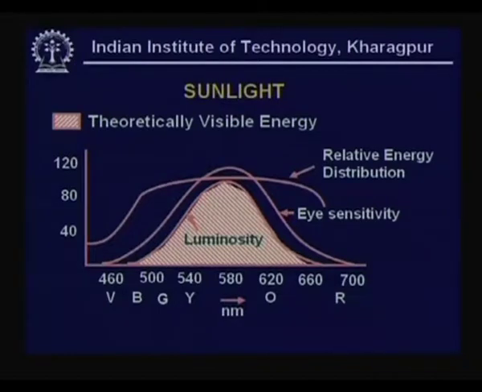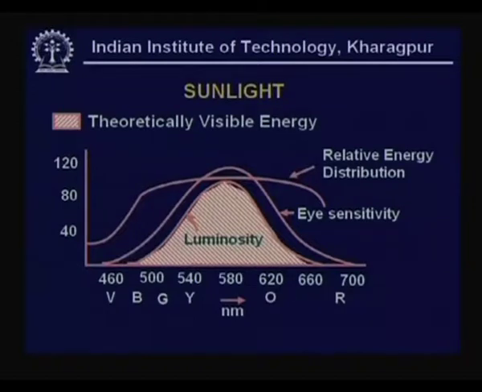One could see carefully that it is more or less flat over the visible zone, and on the other hand the response of the eye is marked as eye sensitivity, and there is a third curve which is a hashed curve.